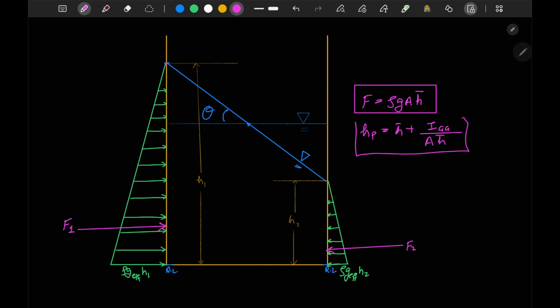So this is the height, or depth, of the center of pressure from the free surface. This is how we calculate the forces or pressure on the wall. And F1 minus F2 we can write as F1 minus F2 is equal to m times acceleration.